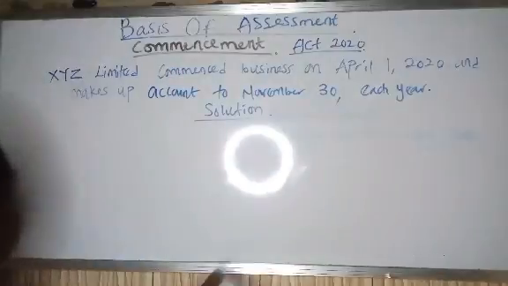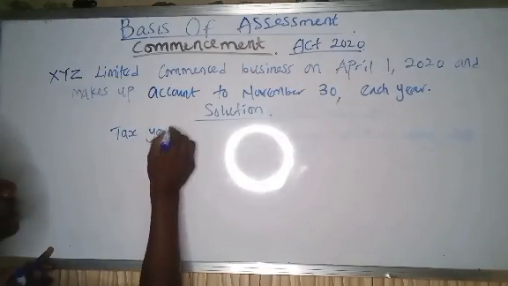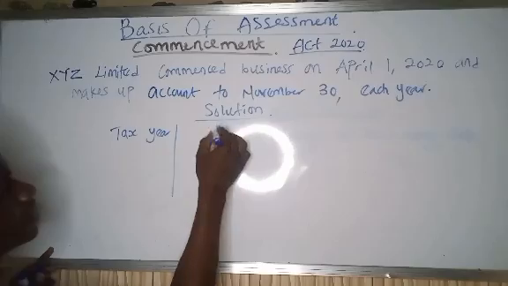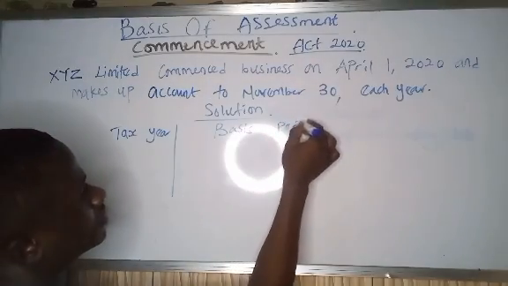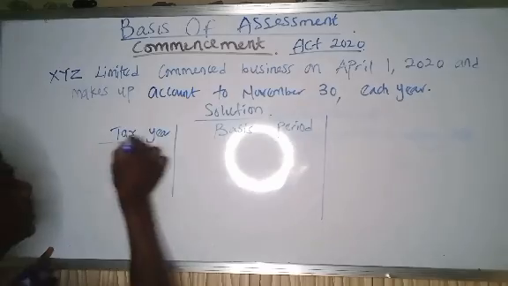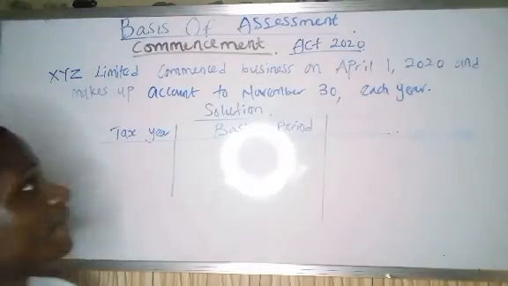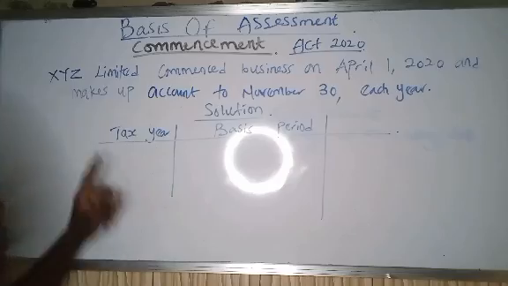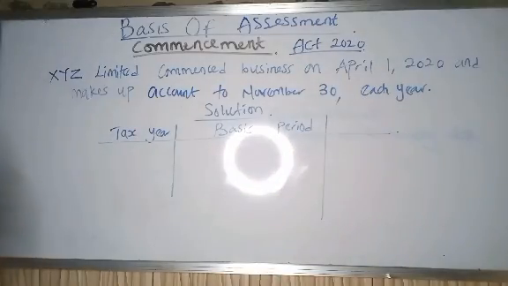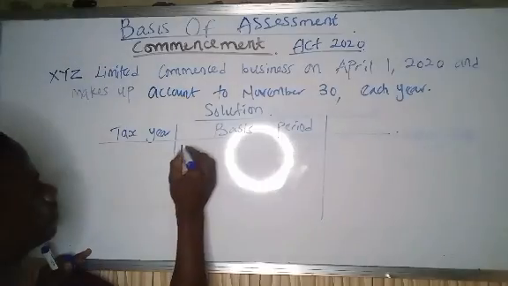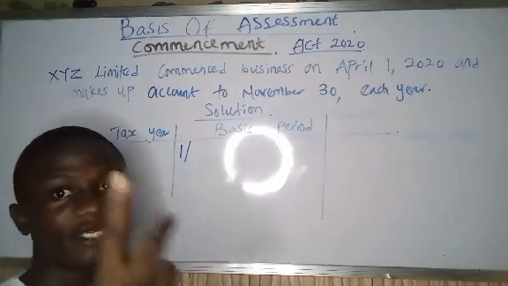So let's go. We have their tax year, and we have the basis period. Tax year and the basis period. So now, from this question, April 1st, 2020 is the first year. April is the fourth month: January, February, March, April.